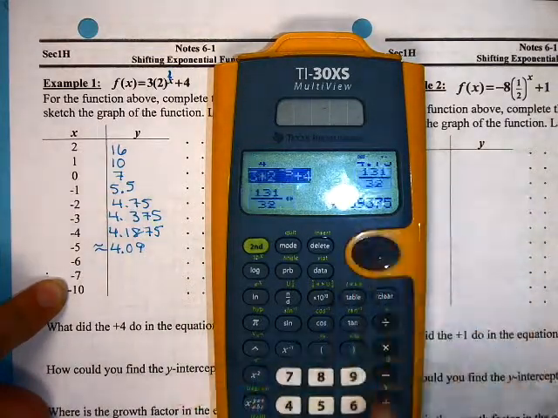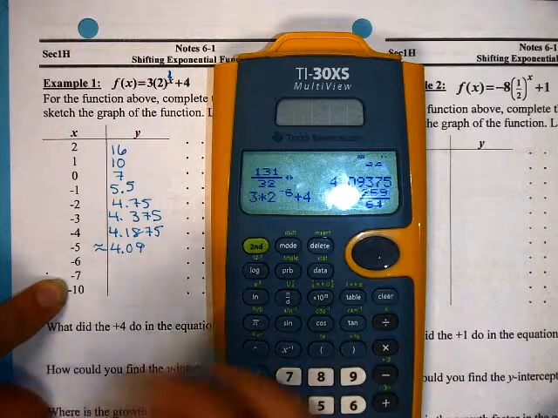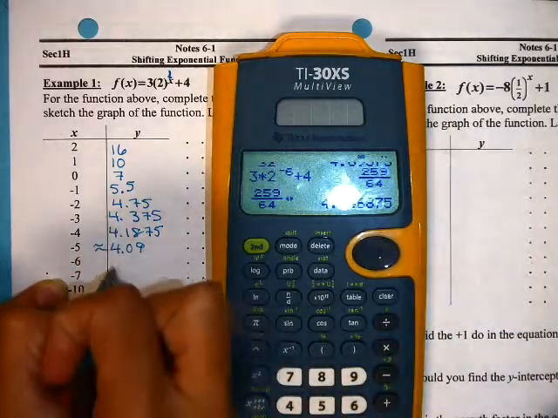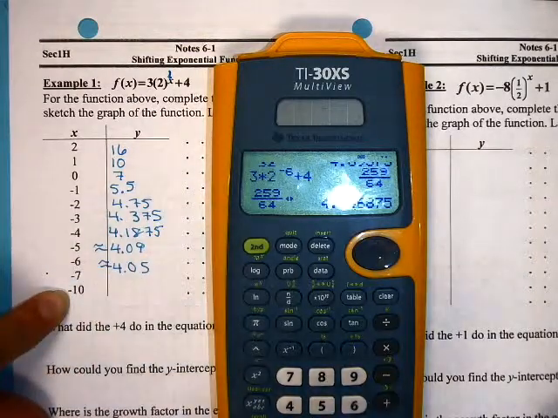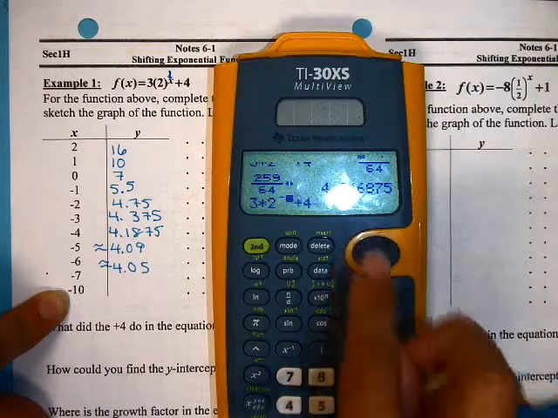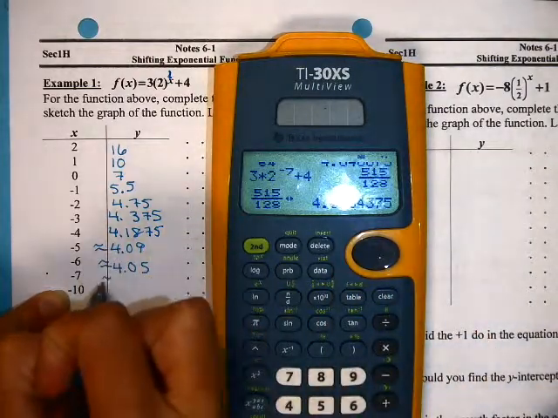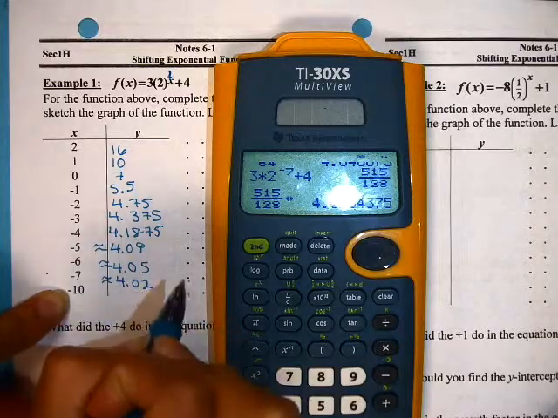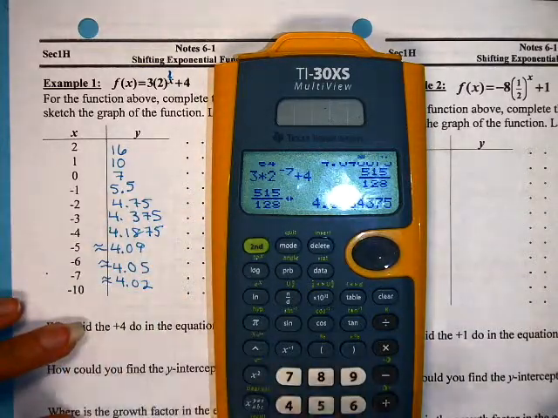Okay, -6, 4.05. -7, about 4.02. Do you see what's happening? Is it ever going to be 4?